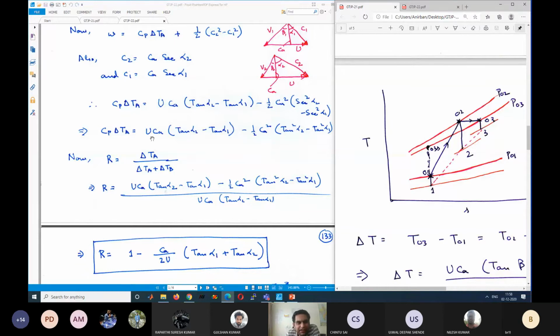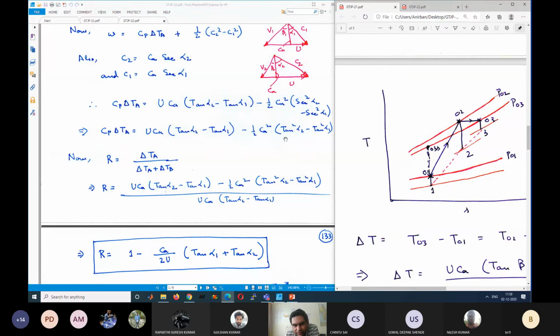So Cp delta TA is equal to UCa tan alpha 2 minus tan alpha 1 minus half Ca square tan square alpha 2 minus tan square alpha 1. Why tan square? Because of the trigonometric identity: sec square alpha is equal to 1 plus tan square alpha, right?